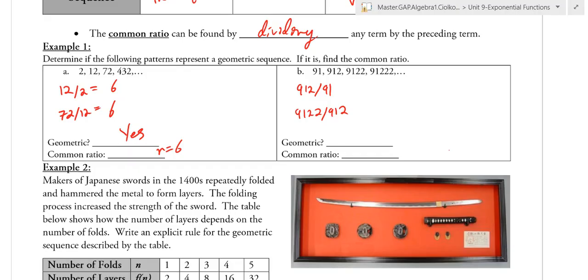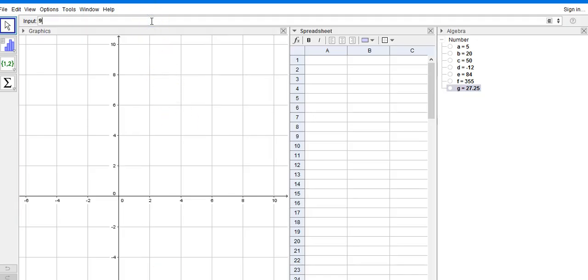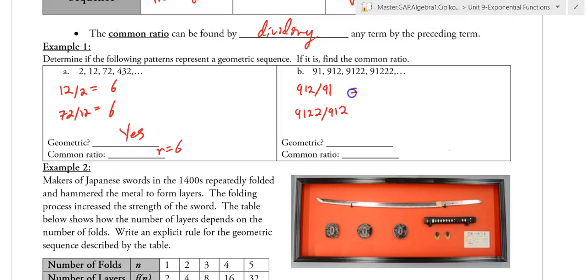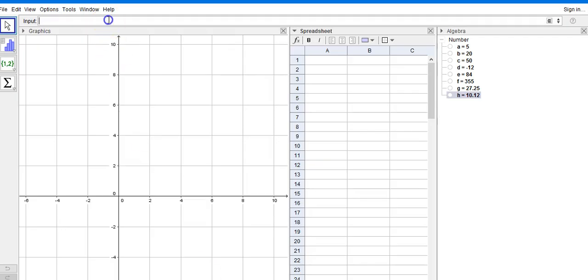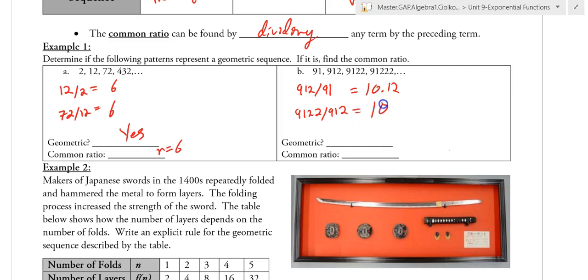So 912 divided by 91, we get about 10.02. 9122 divided by 912 is just 10. We notice they're not exactly the same. They're pretty close though, but since they're not the exact same number, no, it's not geometric. So we don't have a common ratio.